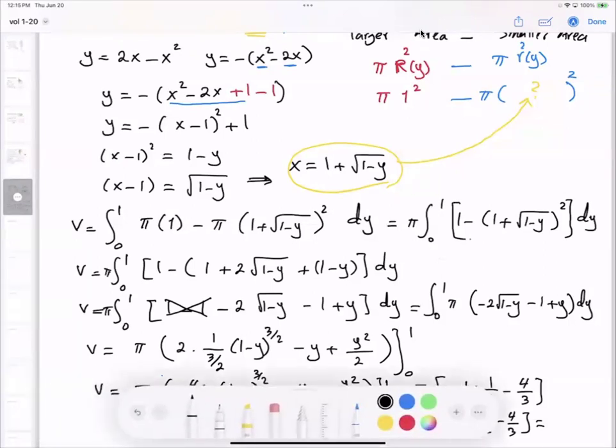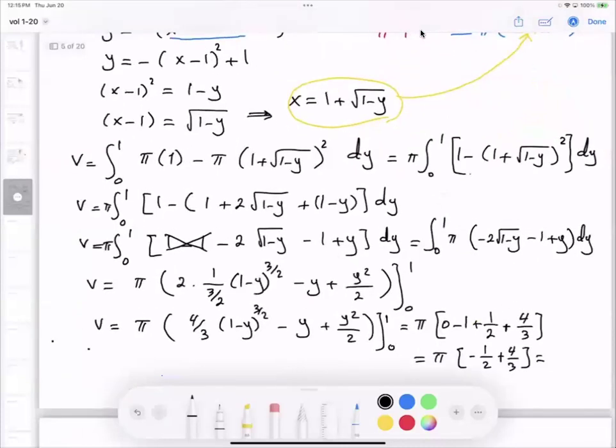Let me just fix that. Otherwise, we get a negative answer, which is not correct. Negative 4/3. Okay, perfect. So the answer is 5 pi/6.